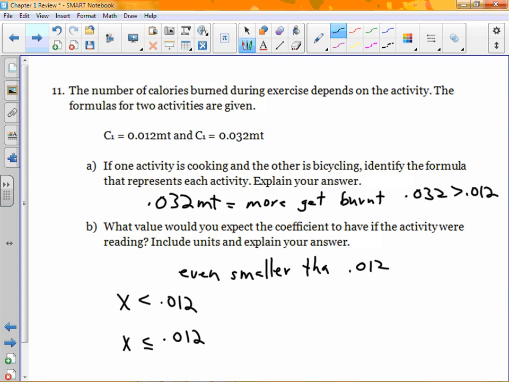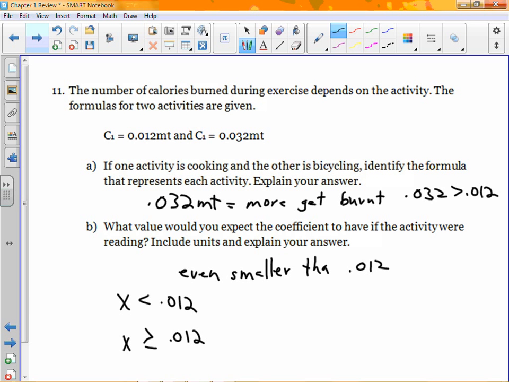Do you remember my discussion on interval notation yesterday? Let's change this one around for just our conversation right here. Let's make sure we can do both of them. That'll get both parentheses and brackets, and it'll also make us put positive infinity and negative infinity. So look, x is less than 0.012.